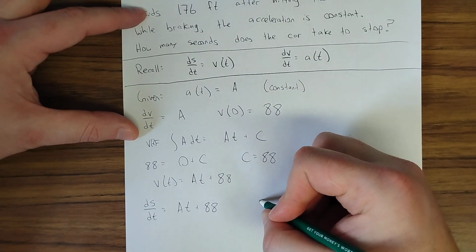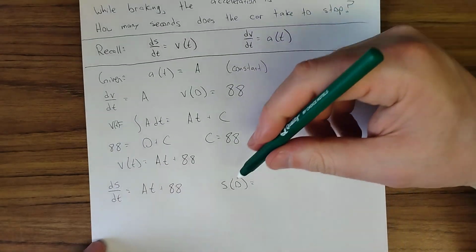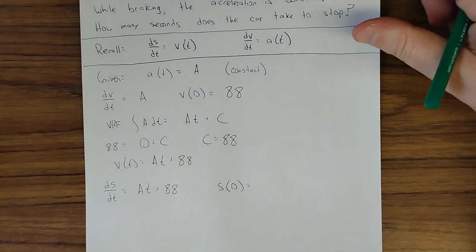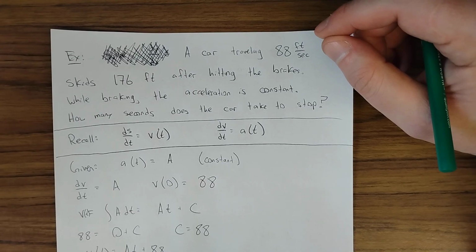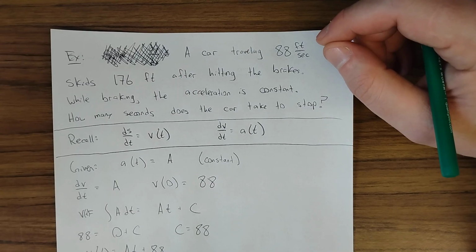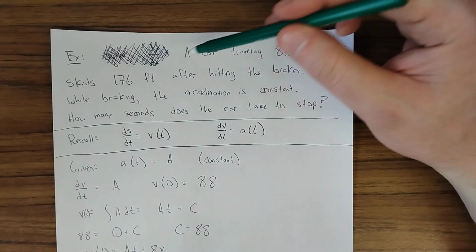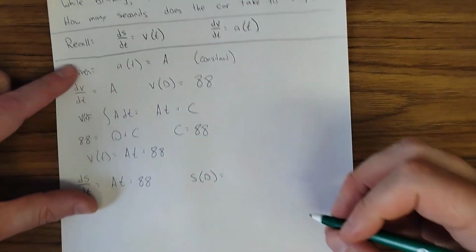And let's make sure to set up an initial value problem. So I would like to know the position at time 0. The problem doesn't really say anything about this, so we get to choose our reference point, right? Why don't we say that the position when we start hitting the brakes is 0, just for convenience?